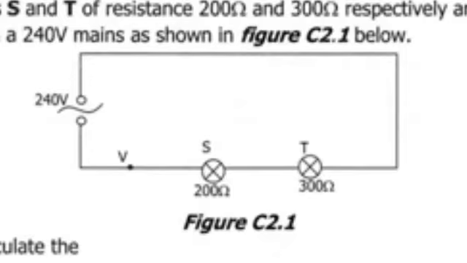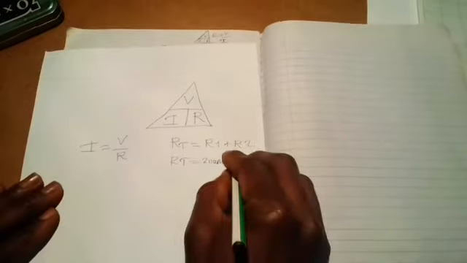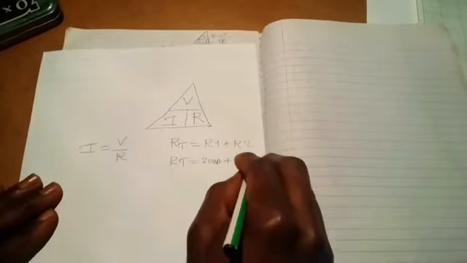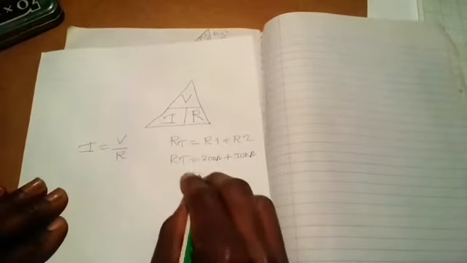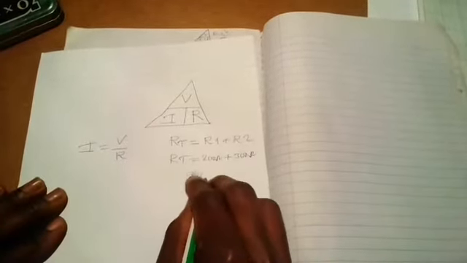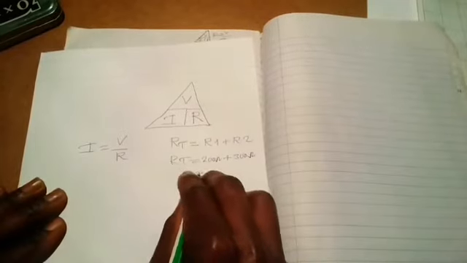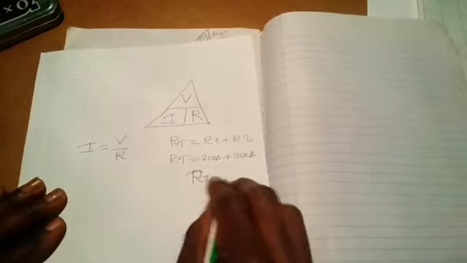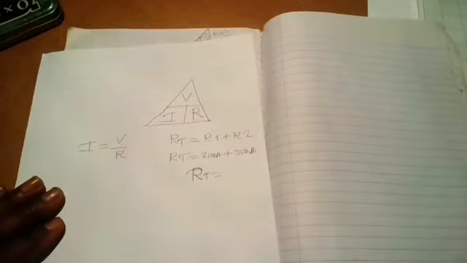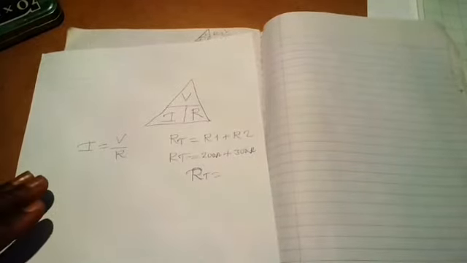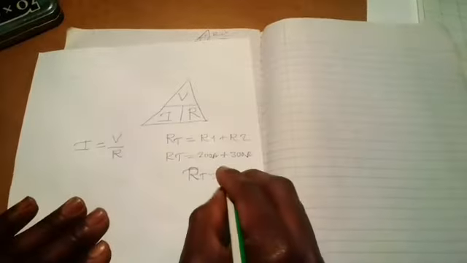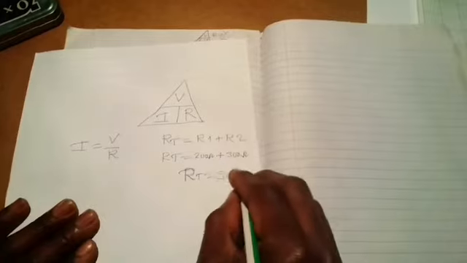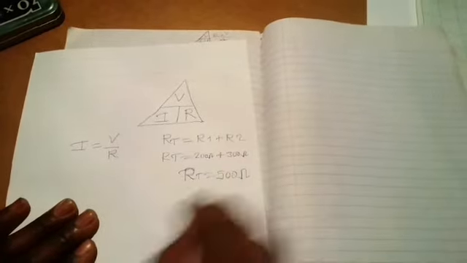R2 is 300 ohms. So the total resistance is equal to, we add on our calculator, 200 plus 300, that's 500 ohms. Then we have found our total resistance.